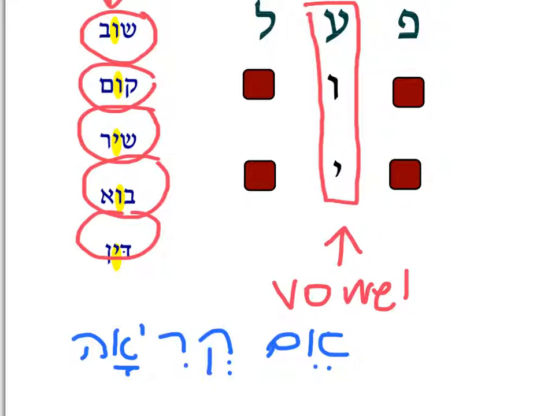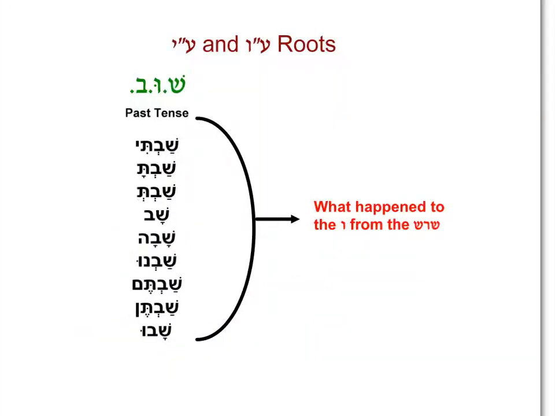How would you conjugate a shoresh like bo in past tense? If you remember, the vav slipped out, so it became bati. Bati. The vav totally went away. Have the past tense conjugation of shuv. Notice in all these cases, I have the suffixes that I'd expect of suffix form of past tense.